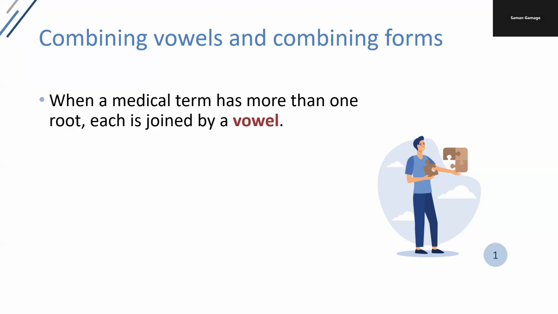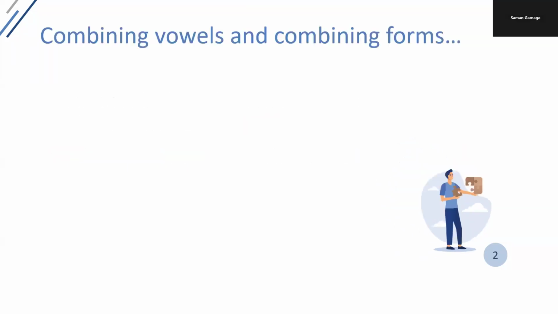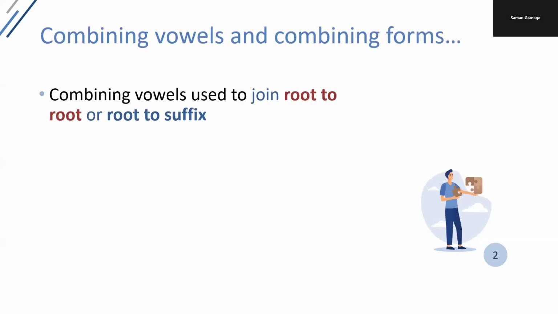O is the most common combining vowel. Combining vowels are used to join root to root, but also root to suffix.